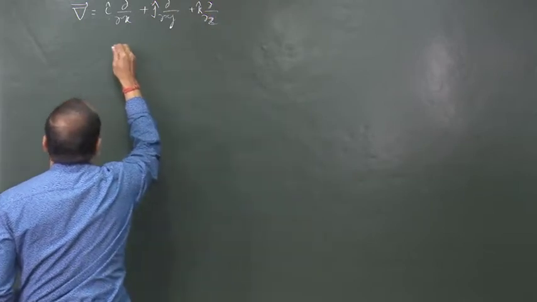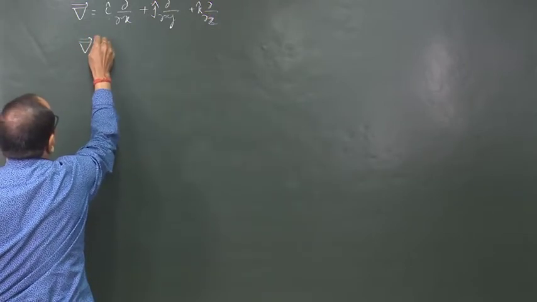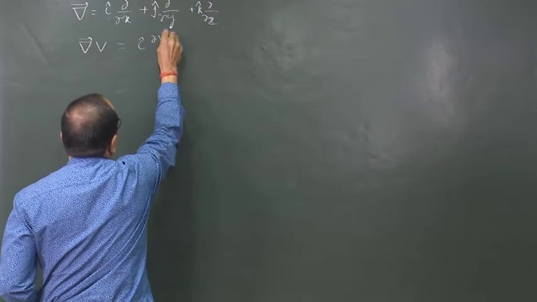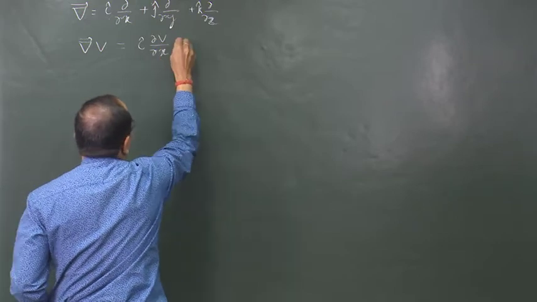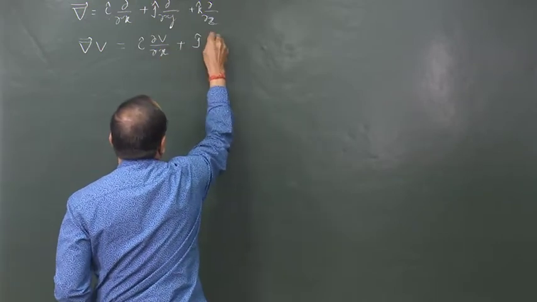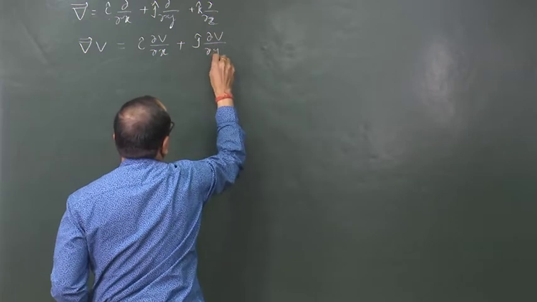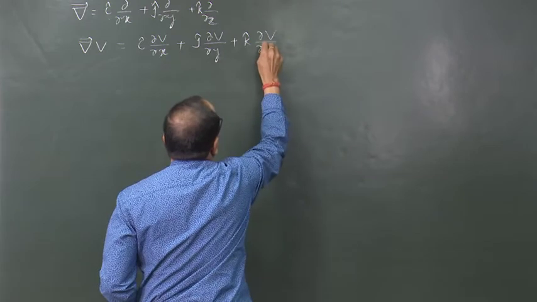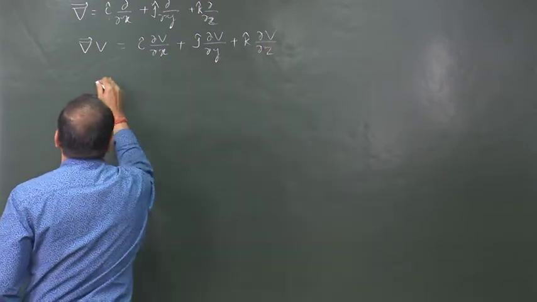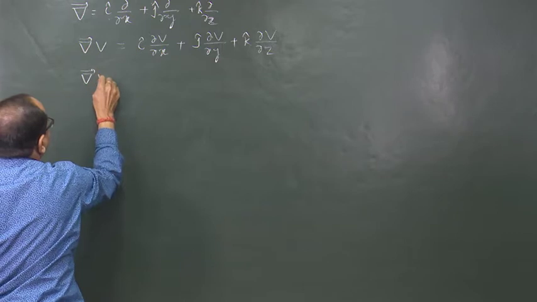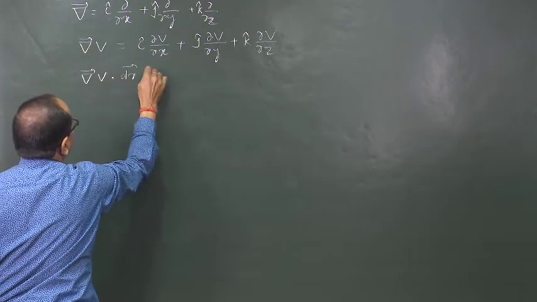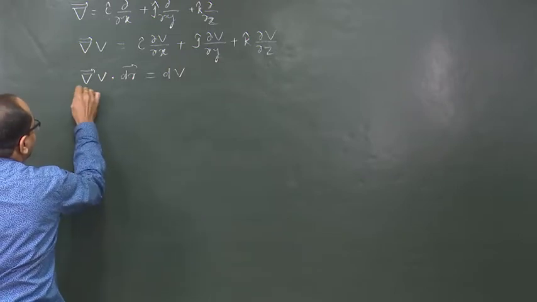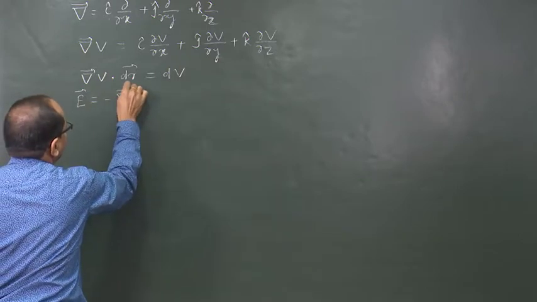When this gradient operates over a scalar quantity, it gives rise to a vector. Like a vector, it will have three components: an x component i cap del V by del x, a y component j cap del V by del y, and a z component k cap del V by del z. And grad V dot dr is equal to dV. The relationship between electric field and potential is E equals minus grad V.